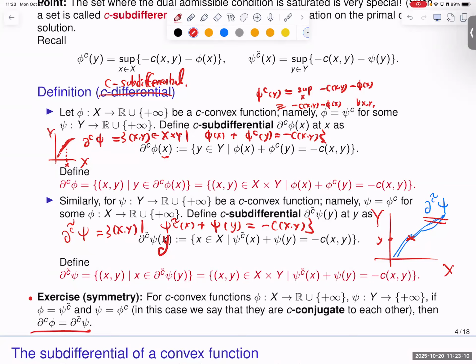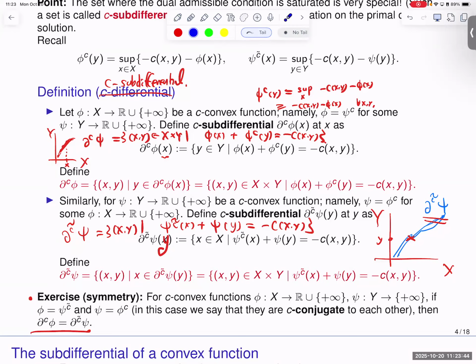Yes. If you take the C transform twice, then you recover the original. This is extremely easy to do. You can just say by definition, but if I ask more, by definition, how?